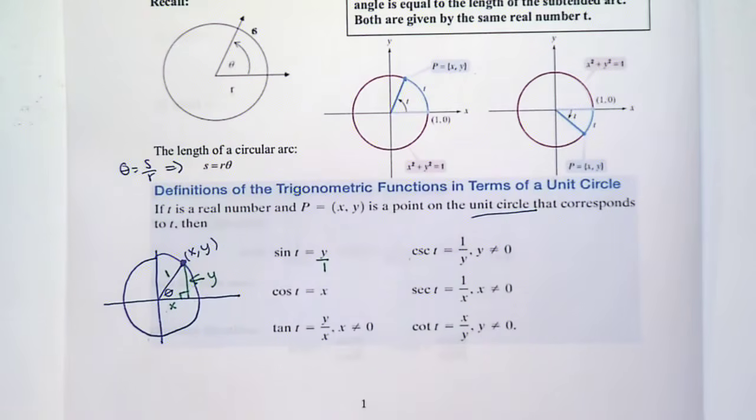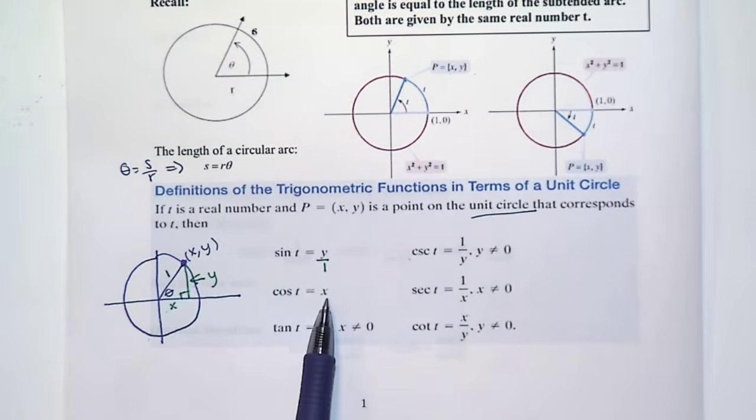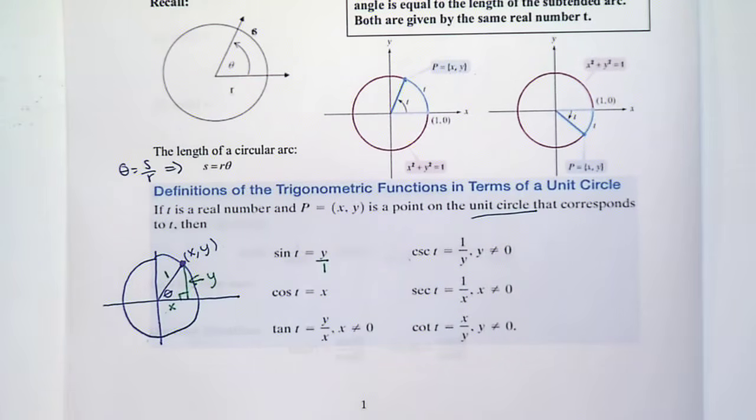Something that I want to point out is that sine is y and cosine is x. That tells us everything we need to know about points on our unit circle.